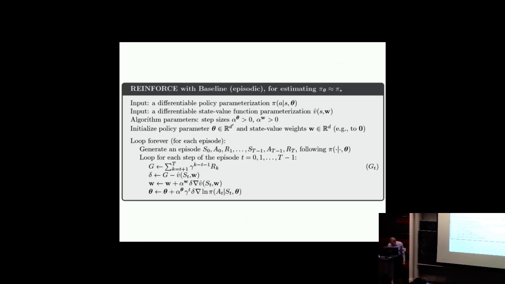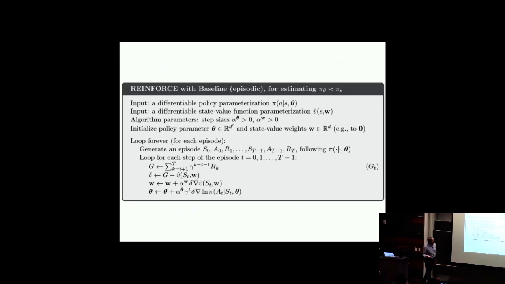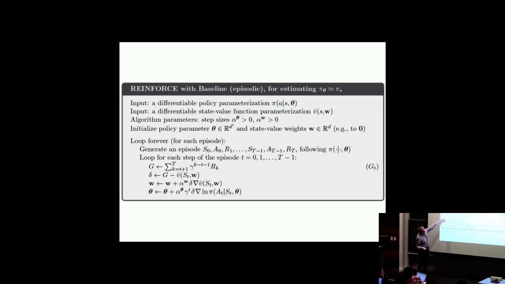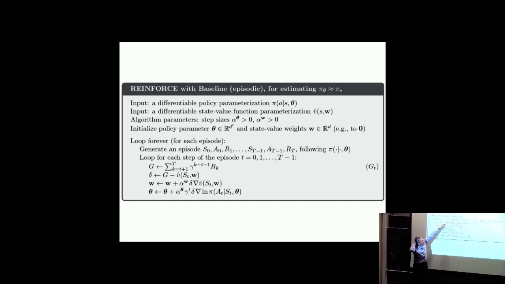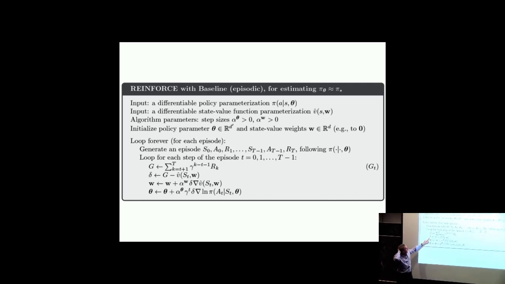And indeed, this leads to, again, a very straightforward extension to the REINFORCE algorithm. Again, we're generating episodes so that we can sample G's. We're then computing these deltas, which are the difference between the observed G and our value function, which we're using as that baseline.